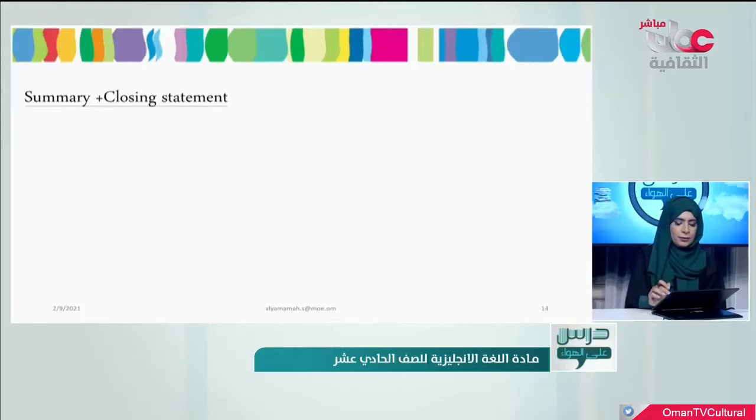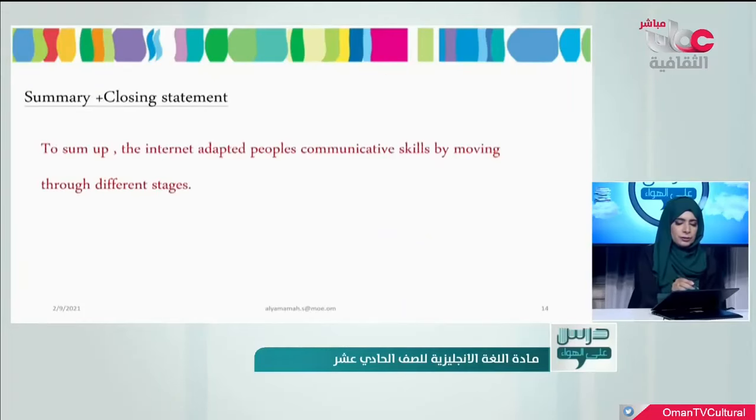The summary or the conclusion. Here we will talk about the conclusion, in which we'll have a summary of what we mentioned in the body and closing statements. I showed you before the different topic sentences we have in each paragraph or in the body part.